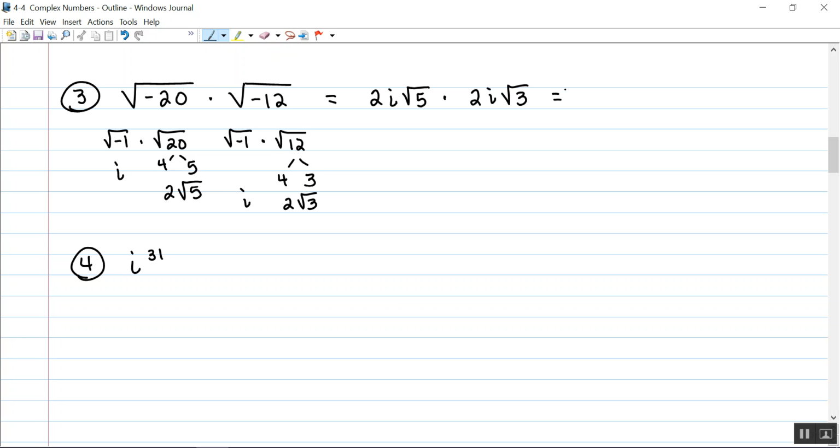Now, let's multiply the parts here. 2 times 2 is 4. i times i is i squared. Square root of 5 times square root of 3 is square root of 15. So that's going to give me 4 times i squared, which is -1, times the square root of 15, for a final answer of -4 square root of 15.